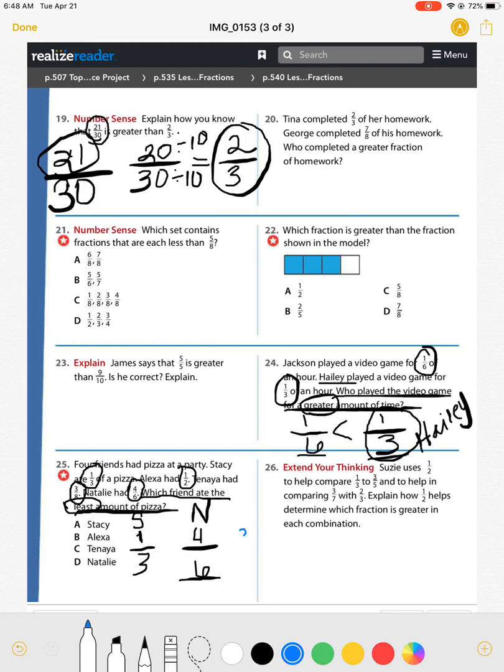Half of 6 is 3. So 3/6 equals 1/2. And we know our numerator says 4, so 4/6 has to be greater than 1/2. So if it's greater than 1/2, and if we already said 1/2 is greater than 1/3, we know that 1/3 is less than 4/6. So this is going to be the least amount of pizza. We'll go with A. Stacy had the least amount.